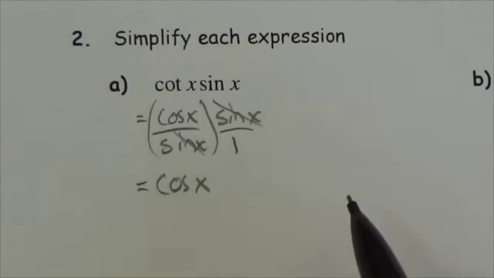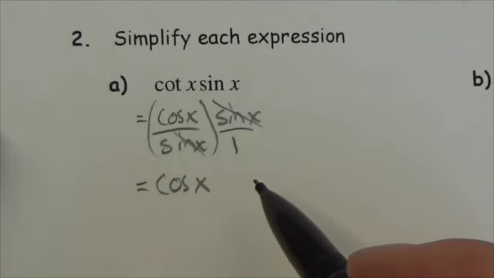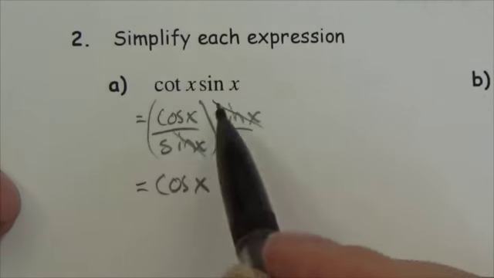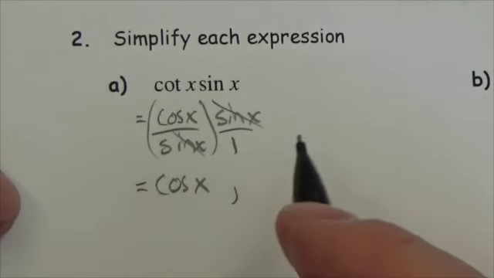Now, normally when I did canceling here, I would want to spend some time discussing the non-permissibles, the restrictions, but that's not absolutely necessary right now. Actually, sorry, I should say that this is identical to this, and this is now simplified.